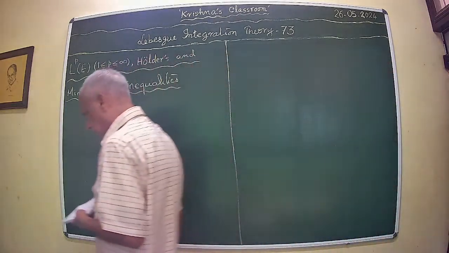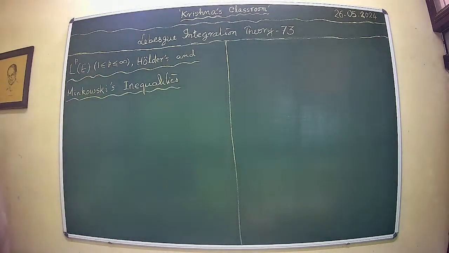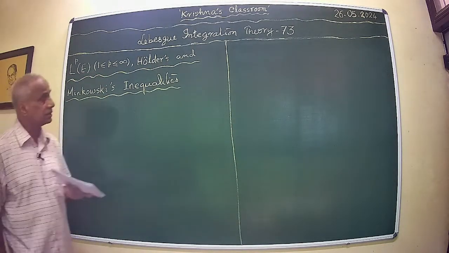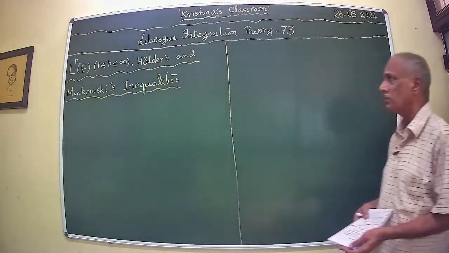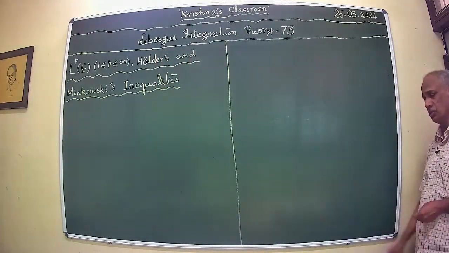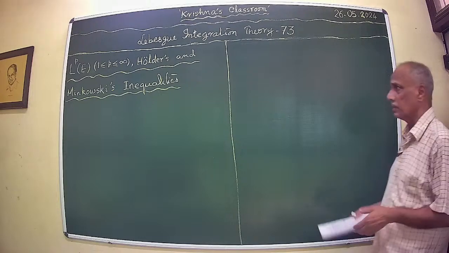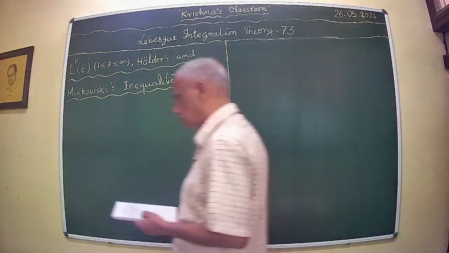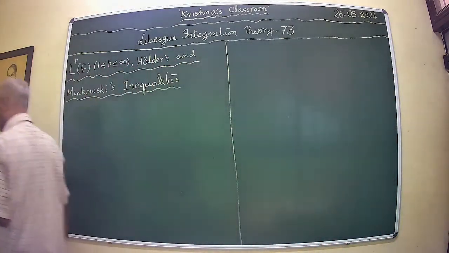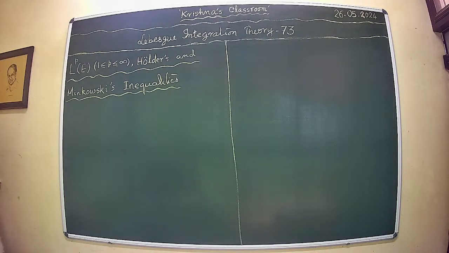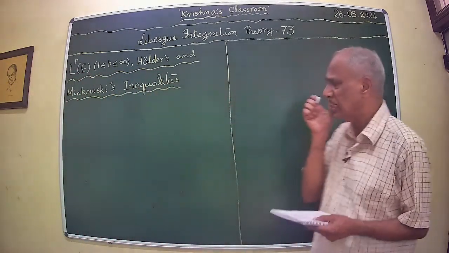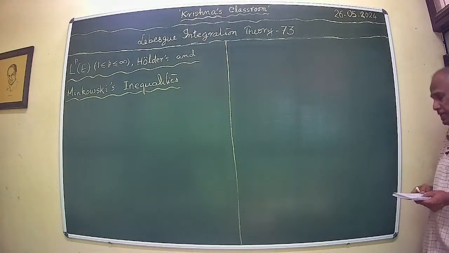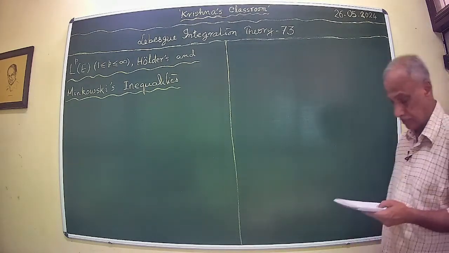That's a special case of Holder's inequality, or Holder's inequality is a generalization of the Cauchy-Schwarz. With the choice p equal to 2, Holder's inequality gives you what is called the Cauchy-Schwarz inequality. That we shall make a mention of at the end of this lecture.